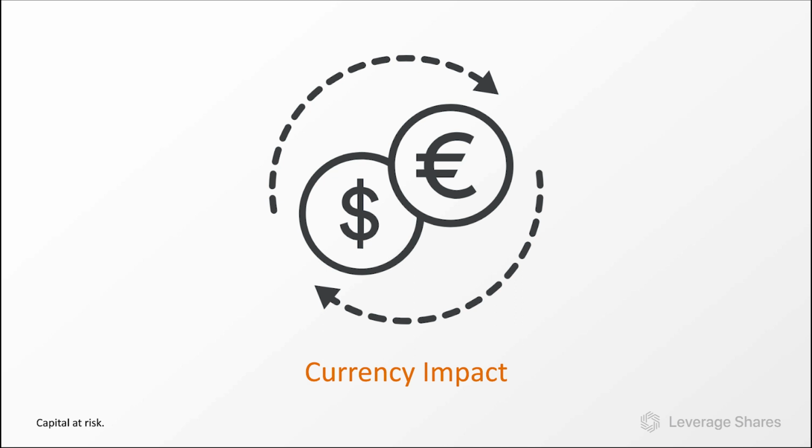Currency fluctuations can assist or negate the gains from an underlying asset for a foreign investment. Even investments available in an investor's home market can be subject to currency fluctuations if those assets are denominated in a foreign currency. Commodities, for example, are typically priced in US dollars.